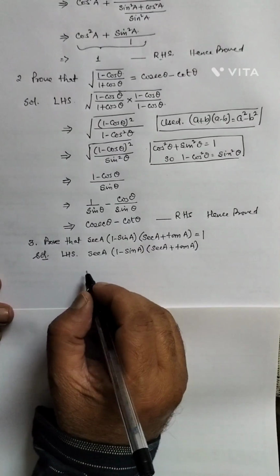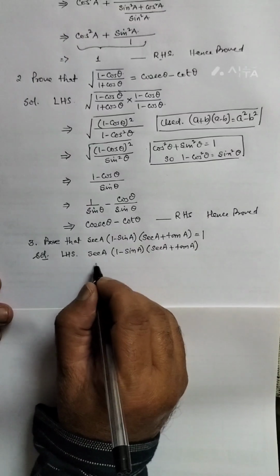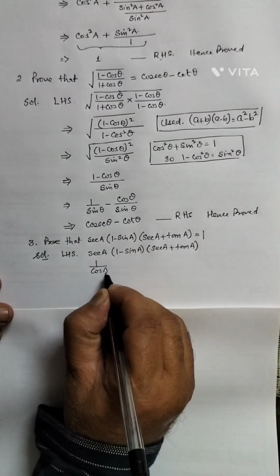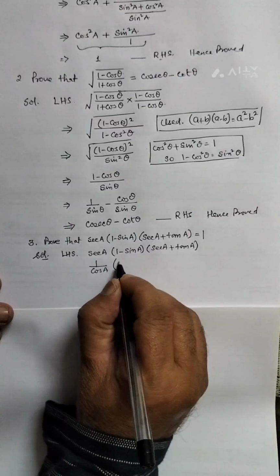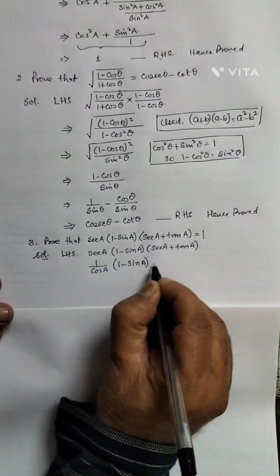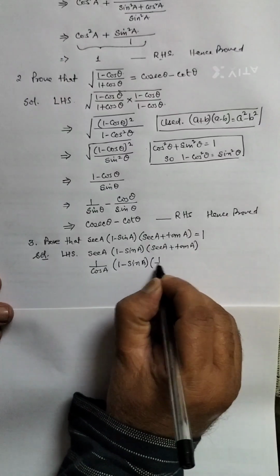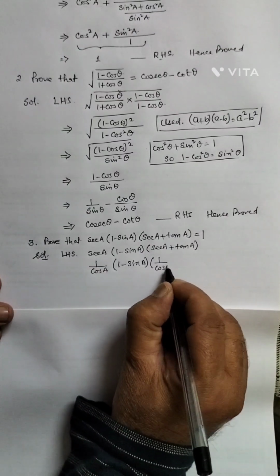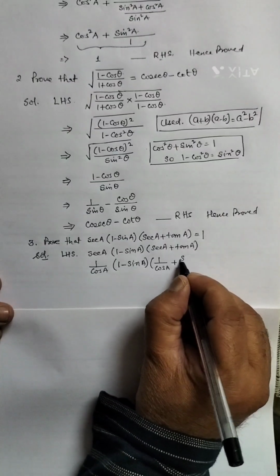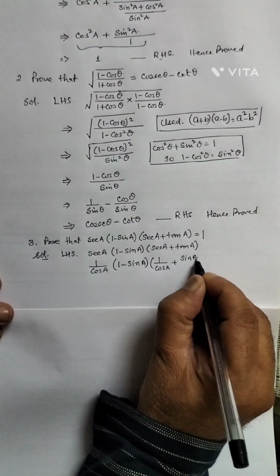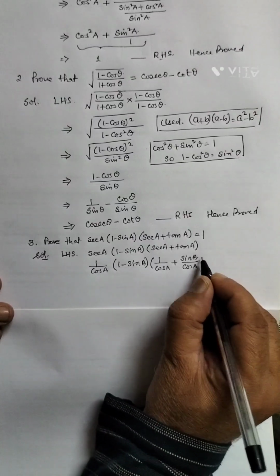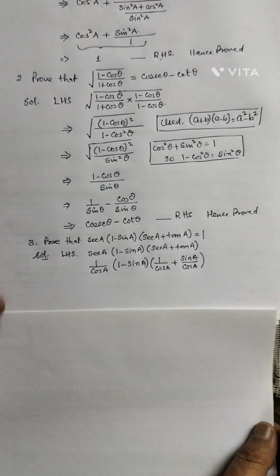This we can write as sec is nothing but 1 upon cos A times 1 minus sin A, and this is 1 upon cos A plus tan is sin A upon cos A, bracket close.